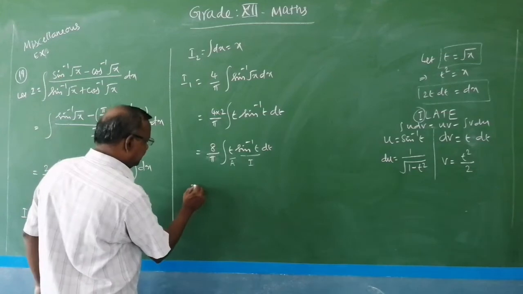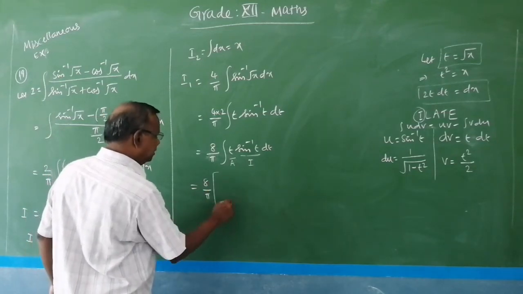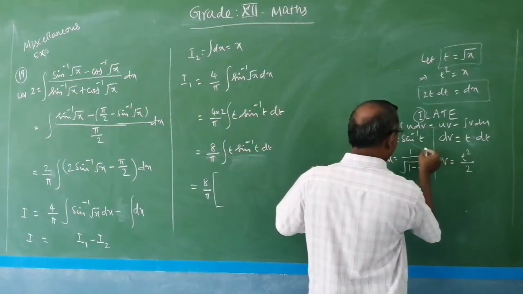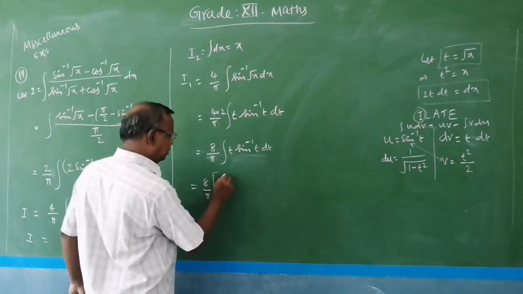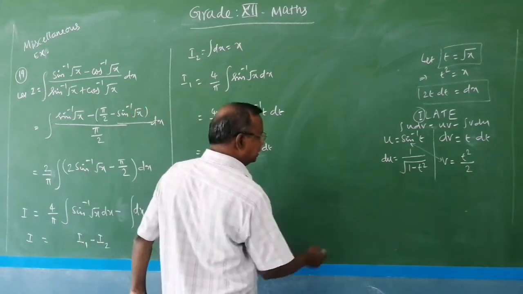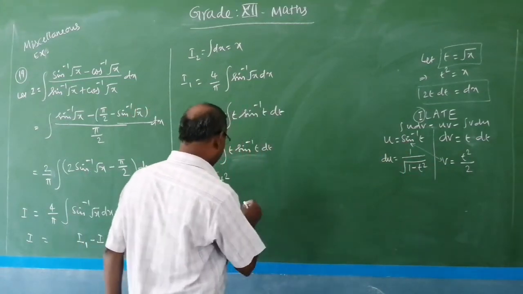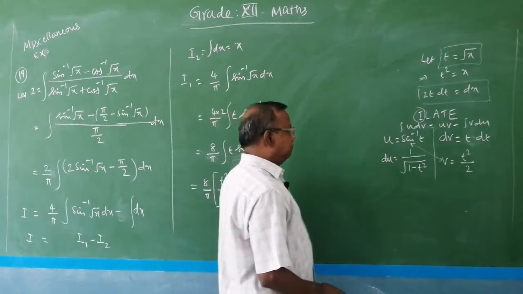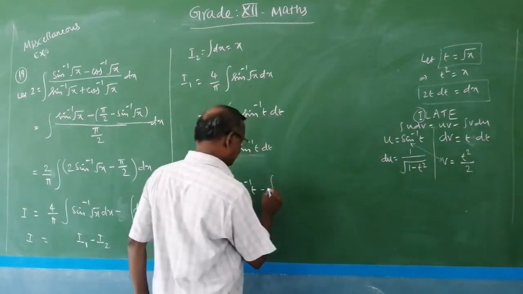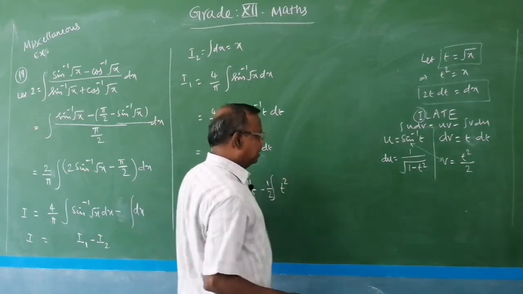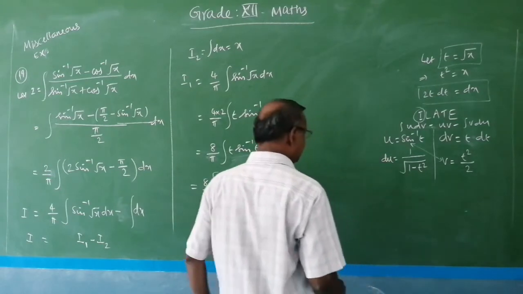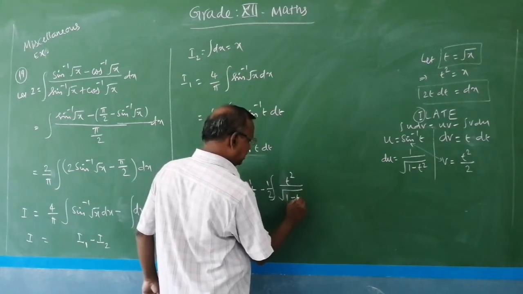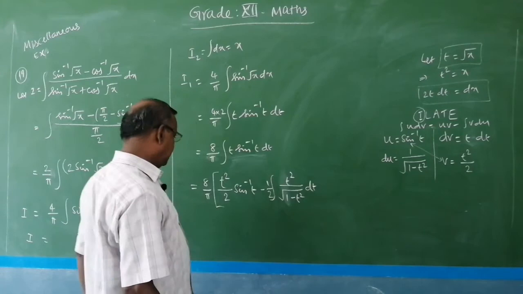Now substitute here, 8 by pi is common, and first we write uv, that is t square by 2 into sin inverse of t, minus the integral of v du. v means t square by 2, and du is 1 by root of 1 minus t square, so t square divided by root of 1 minus t square into dt.